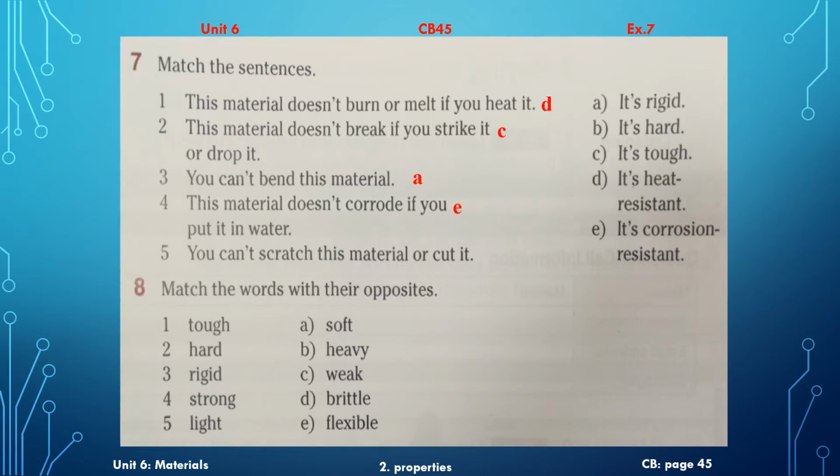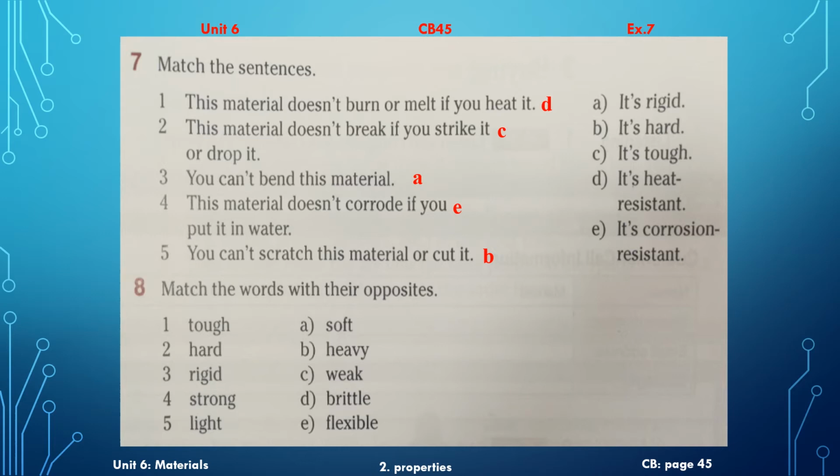Number 5, you can't scratch this material or cut it. Of course, this material is hard. For example, the diamond. The diamond is hard because you can't scratch it or cut it. That's why diamonds are expensive.